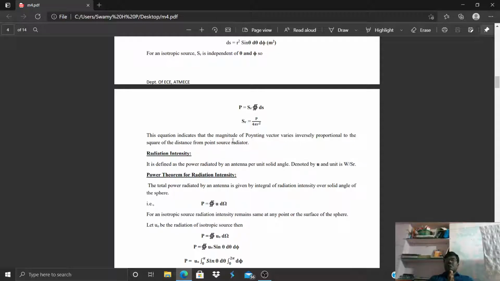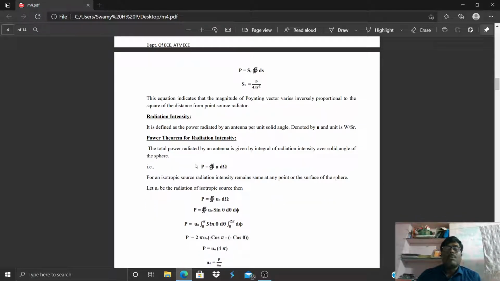That means if you want to measure the power transmitted from the transmitting antenna at any point in space, as the distance between the point and the source antenna increases, the power radiated from the antenna will decrease. Okay, that is the meaning.